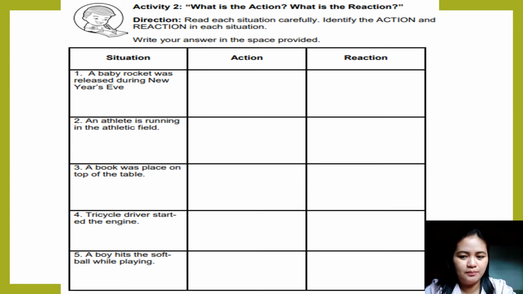Bat. Hindi bot. Bat. The baseball bat. Ganun ba yun? A boy hits the softball while playing. So, what are the two objects interacting here? It's the ball and the bat. Yung bola at yung pamalo. Okay, so you think what is the action and the reaction? Okay, let's move on.